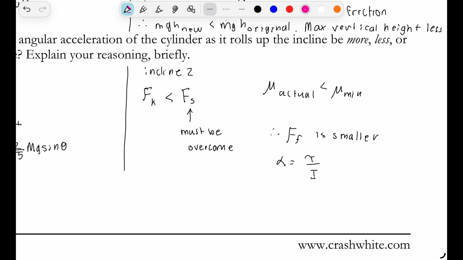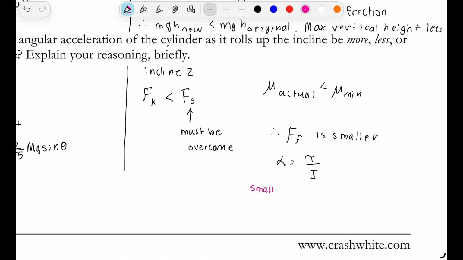Now, let's look at our second incline. We know that in our second incline, the kinetic frictional force is less than the static frictional force. And that's because static friction has to be overcome in order to start moving. So that's how we know that the mu actual is less than the mu minimum. Therefore, the friction force is going to be smaller.